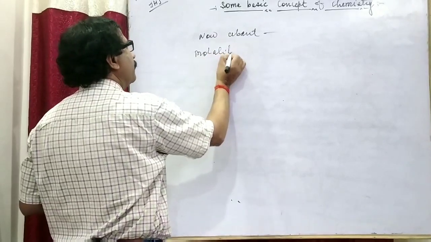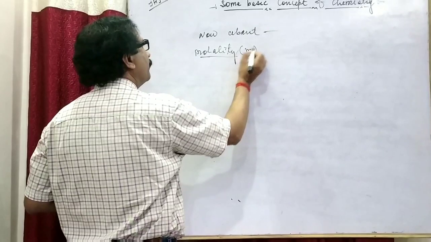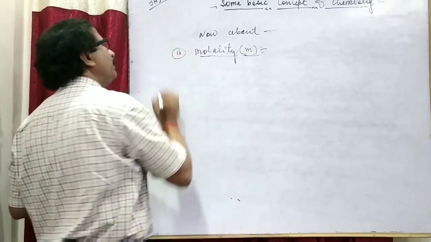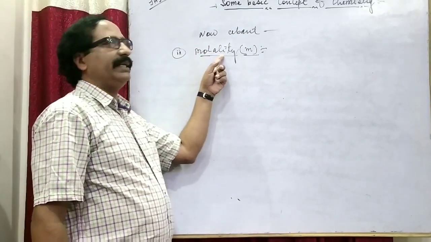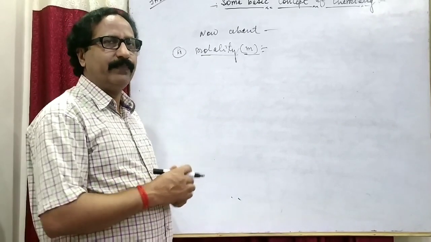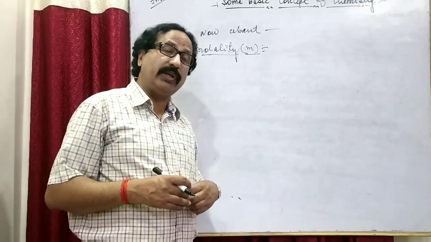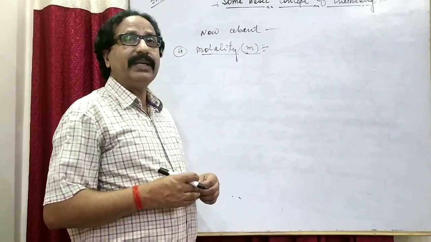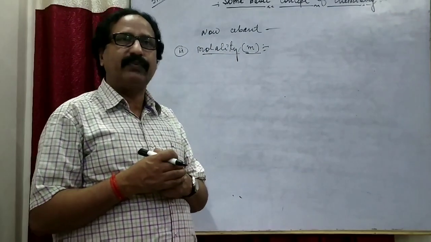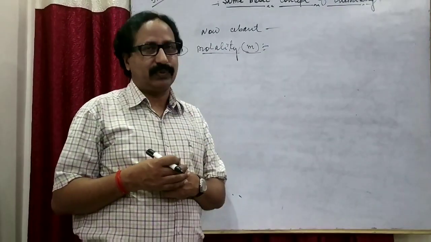Now about molality. It is also used to decide the strength of solution. Molality is denoted by small m. What is the molality? The number of moles of solute present in 1 kilogram weight of solvent. Number of moles of solute present in 1 kilogram weight of solvent is called molality of solution.